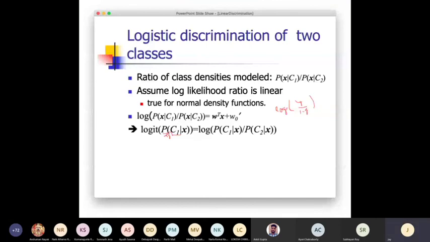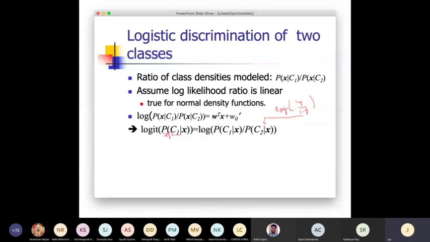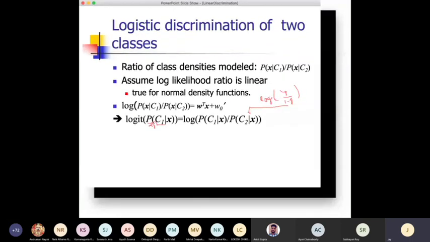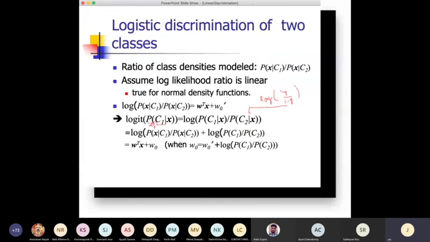So what is 1 minus y here? It is the probability of C2 given x, because if y is the probability of C1 given x, then 1 minus y should be the probability of C2 given x. And you can expand it in this term. As you can see, this is the log odds ratio, this is the likelihood ratio, this is the log prior ratio, and this is W naught prime.